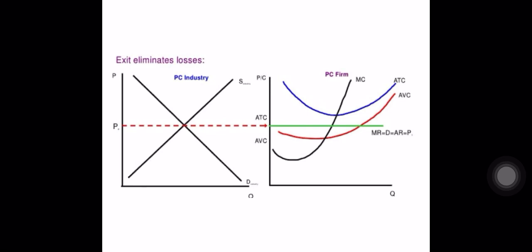Dahil nagkaroon ng karagdagang magbebenta o suppliers in the market, therefore, kinakain ng mga new entrants yung profit na ini-enjoy ng mga sellers before. Remember, this is in the long run, right? So in the long run, what happens to profit is that it approaches zero. What does that mean? Because people can just enter the market, they drive the profit to zero. Pinag-aagawan na nila yung remaining profit up to the point na nagiging break-even na lang lahat.